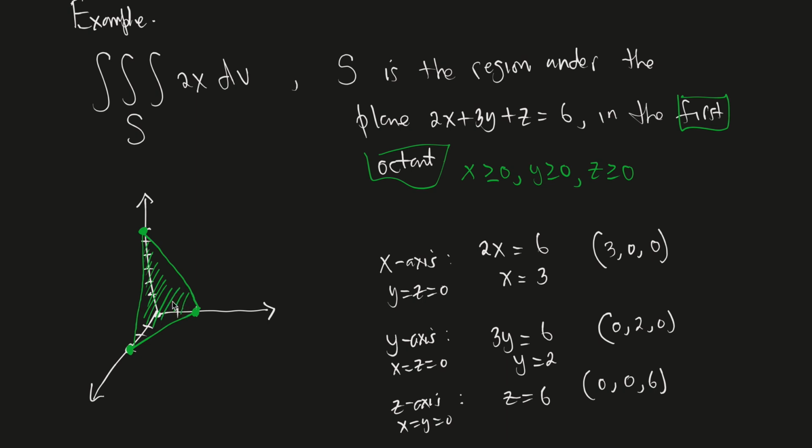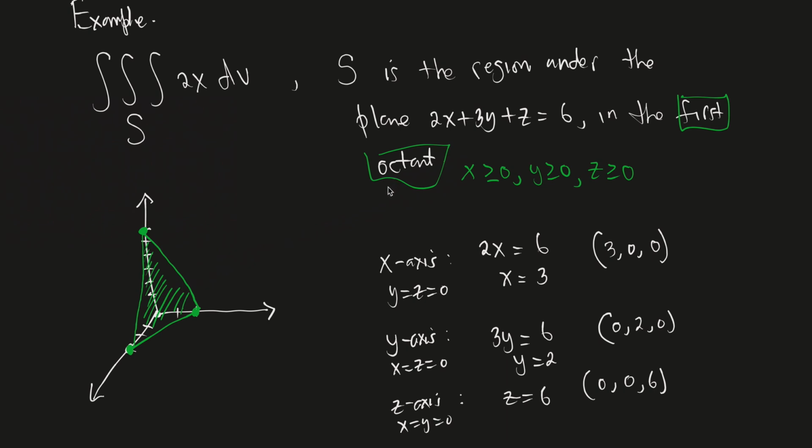And the way the problem is set up, it says that our solid is everything under the plane, right? So think about it. It's under the plane, but it's in the first octant. So we actually have some bounds for z right away.